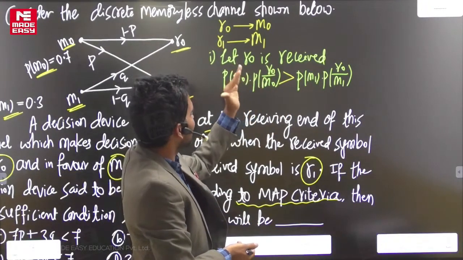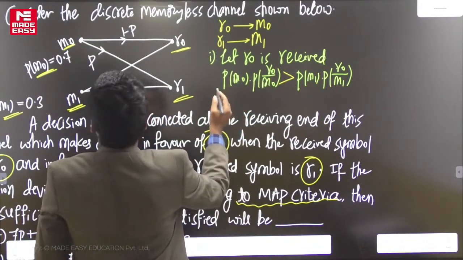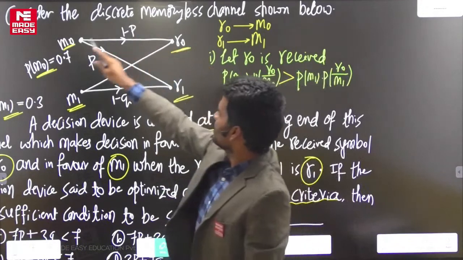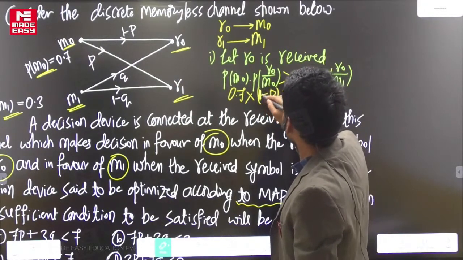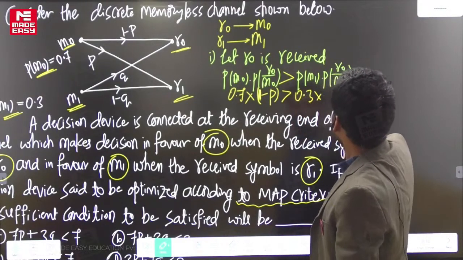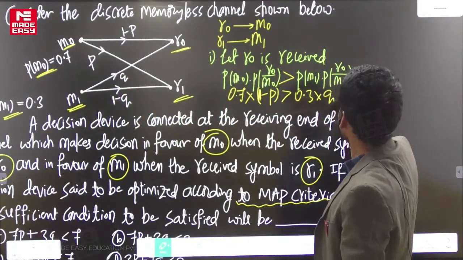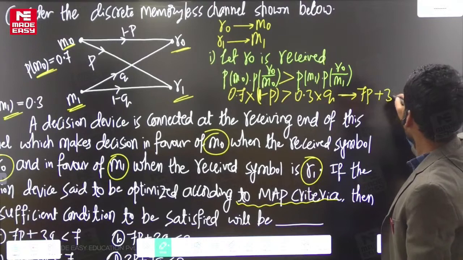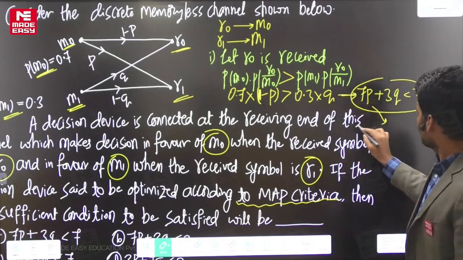Now substitute: P(M0) is 0.7, P(R0|M0) is 1 minus P, greater than P(M1), which is 0.3, times P(R0|M1), which is Q. If you simplify this, you get 7P plus 3Q less than 7.